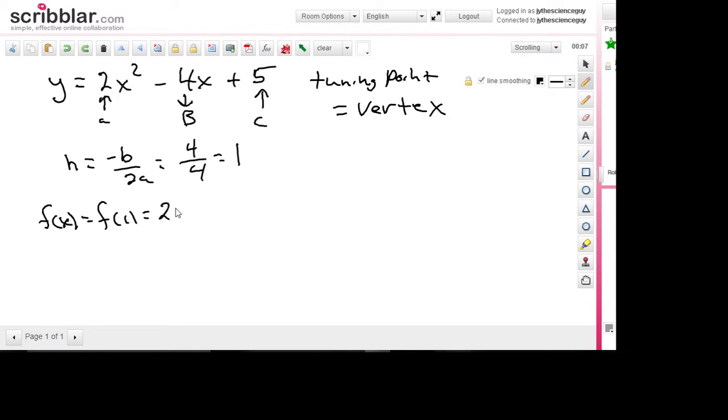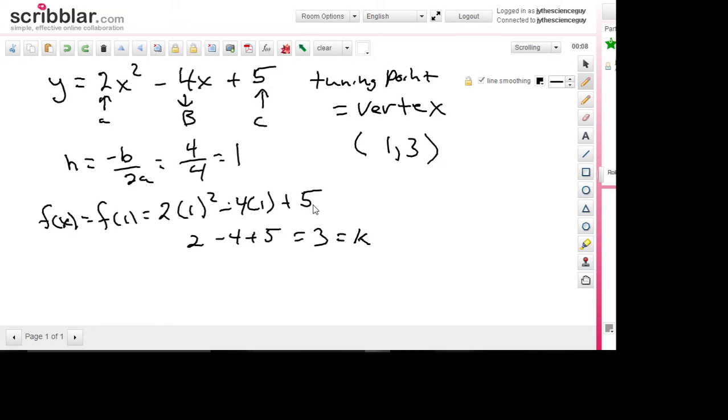So this is 2 times 1 squared minus 4 times 1 plus 5. So that's 2 minus 4 plus 5. And that would be 3. So this gives me my k value.